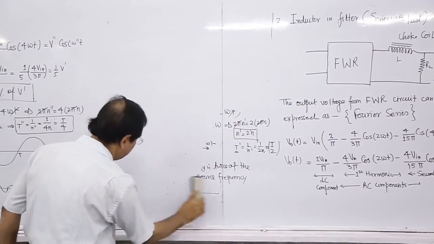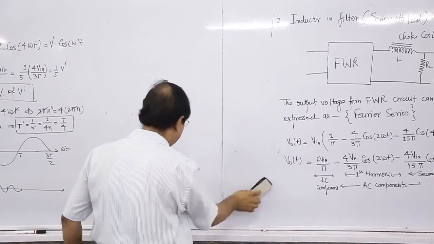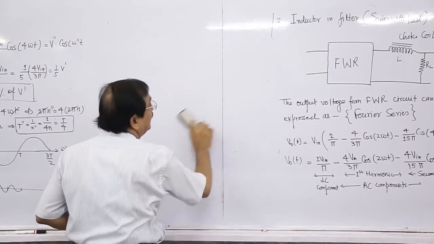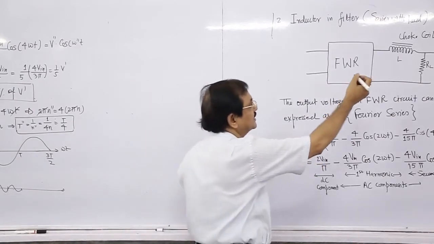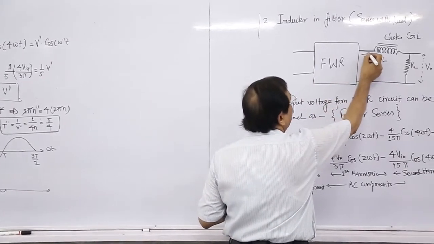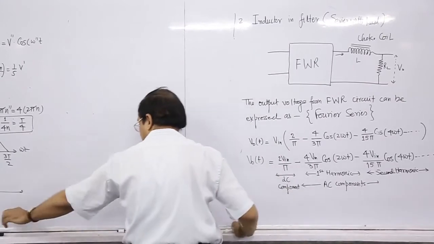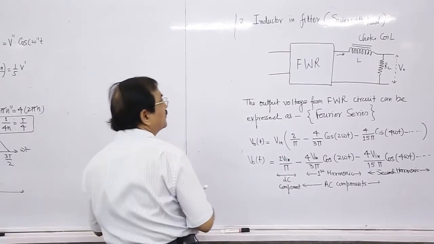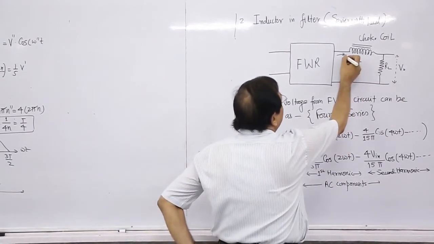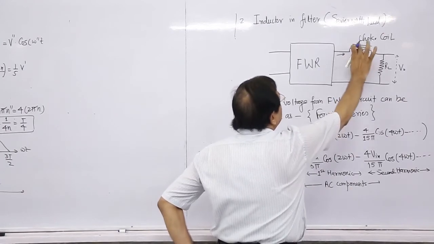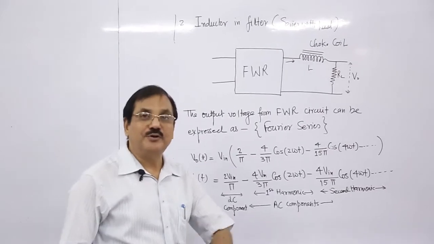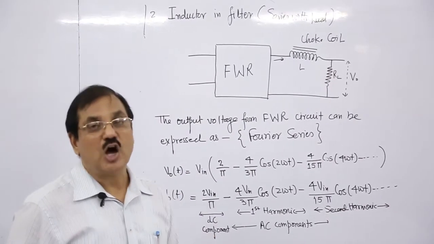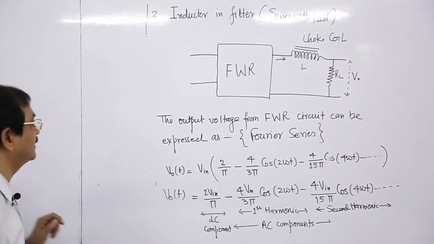Now, if you want to calculate the impedance of this part, then when the current is flowing across this component, the choke coil produces a large impedance to the AC component.